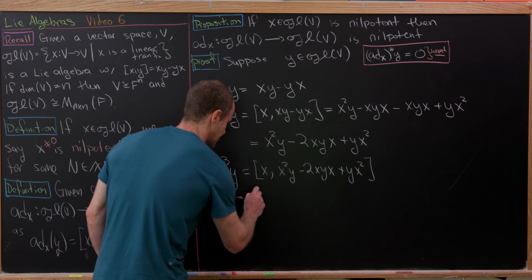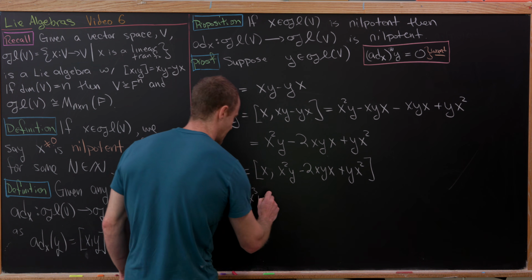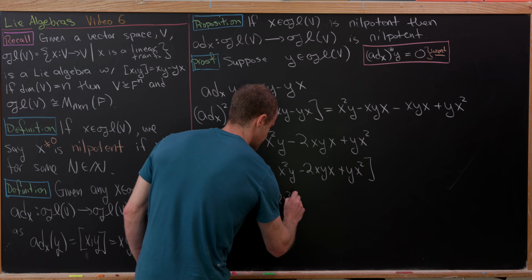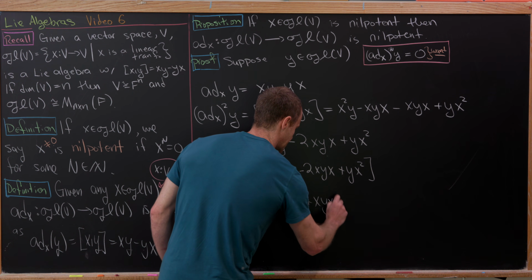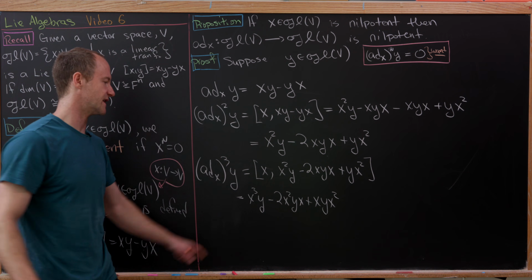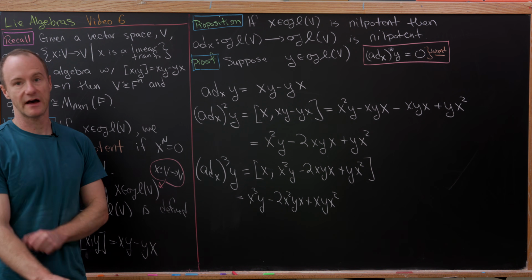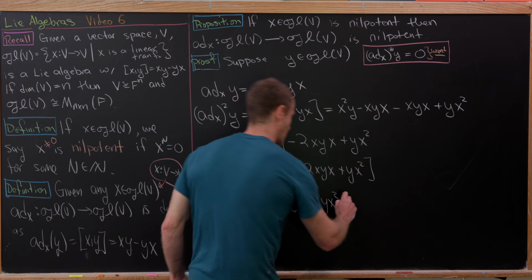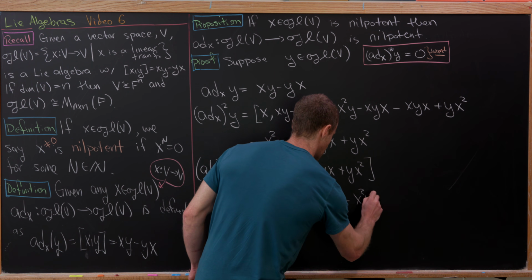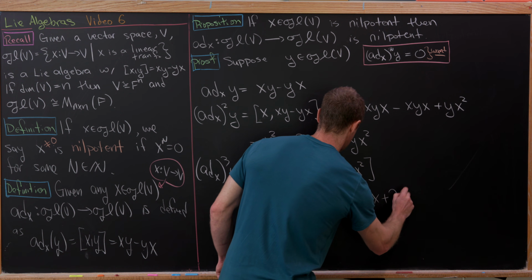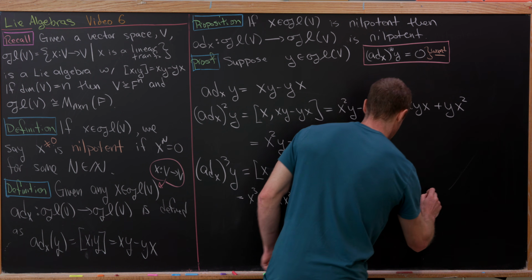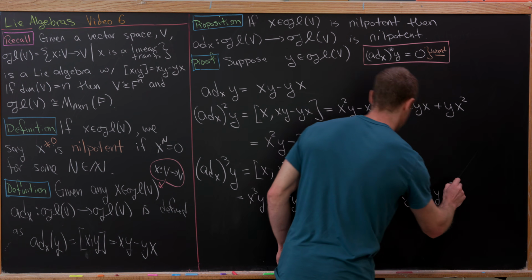Okay, well, that's going to give us x cubed y minus 2x squared yx plus xyx squared. That's multiplying this left entry on the left by x. And then we'll have minus x squared yx, and then plus 2xyx squared, and then minus yx cubed.